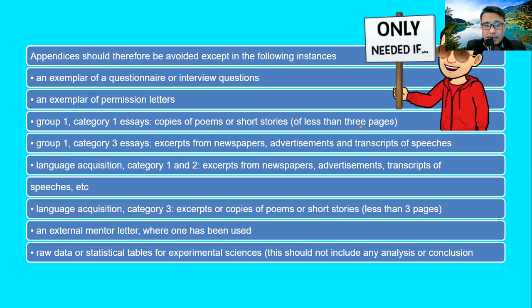Raw data or statistical tables for experimental sciences, yes. If it is primary data, the conclusion here is that you have to put it in as an attachment in your extended essay.